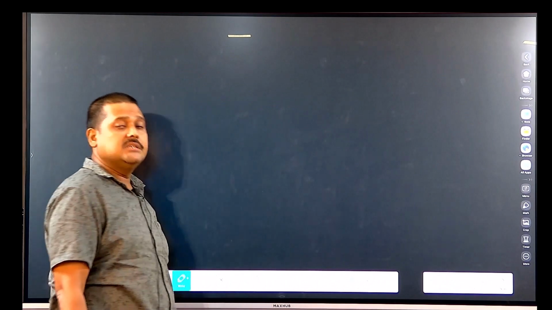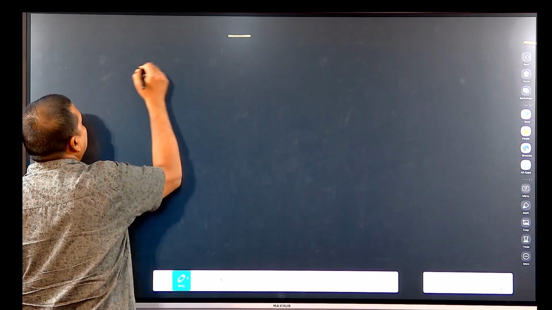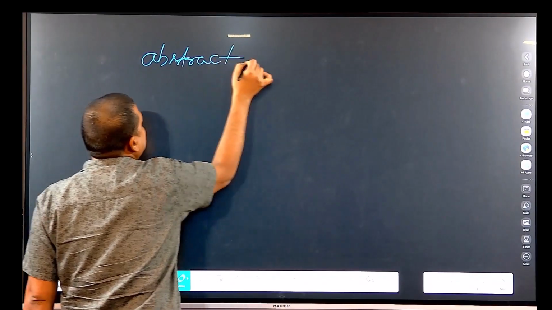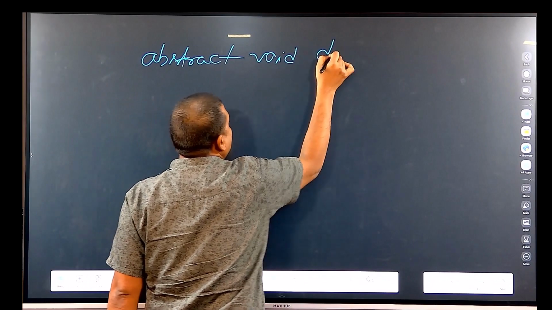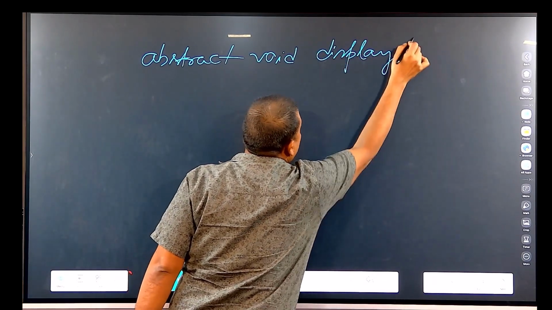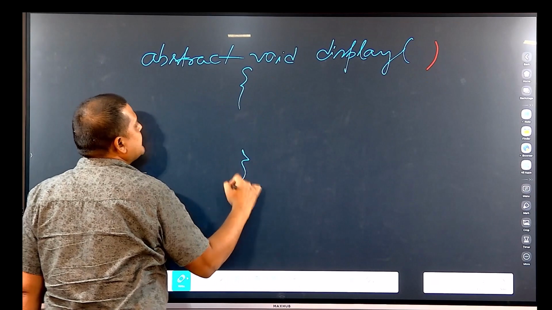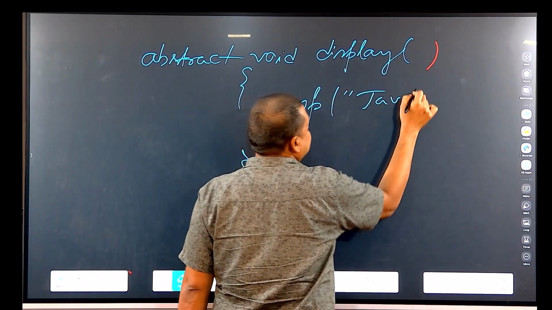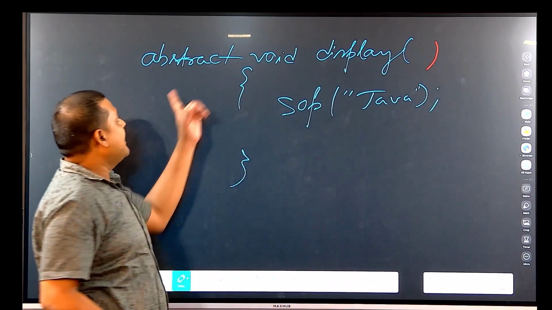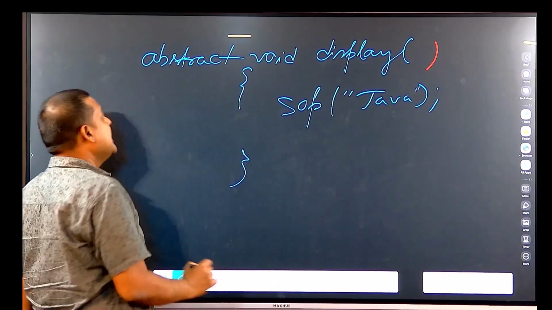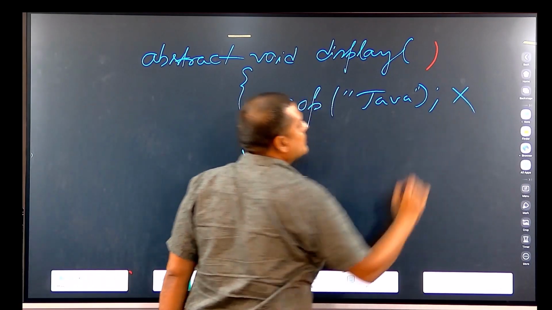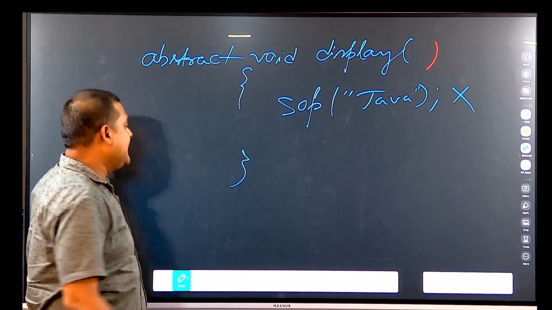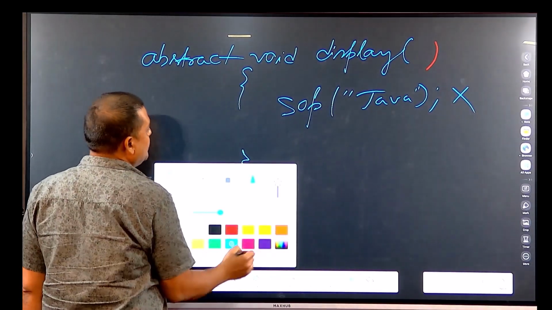If a method is declared as abstract, say I have written abstract void display, with some statements like System.out.println, printing something in Java, then we can't provide the body, or implement it here. The only purpose of abstract here is to provide the signature.